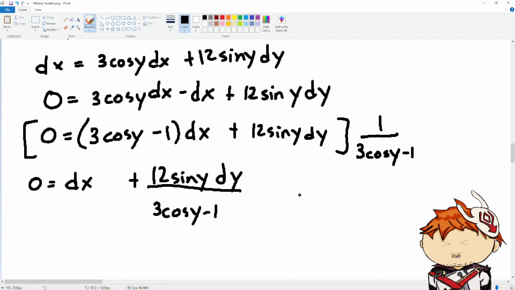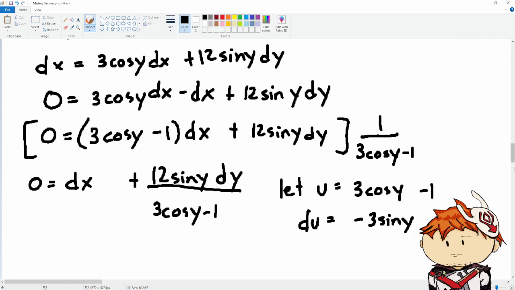Okay, separable equation. And if we let u is equal to 3 cosine y minus 1, du is going to be negative 3 sine y dy.